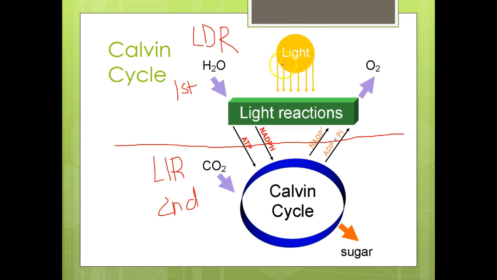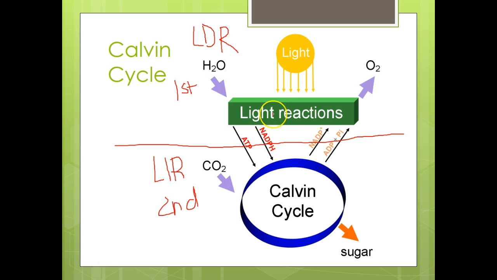But that light energy, which is again why this is called the light-dependent reactions, is going to split water and energize electrons. Now, those energized electrons are going to do work to maintain that H plus ion concentration gradient, but they will eventually be accepted by our final electron acceptor, which is NADP+.